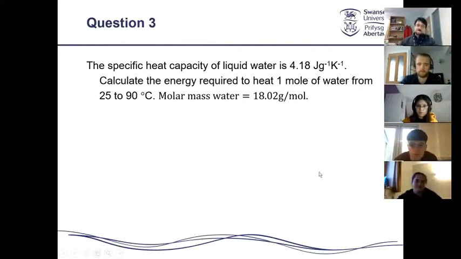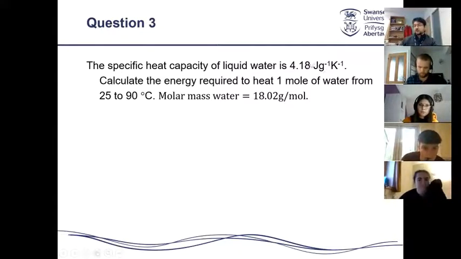Cool. Okay. Moving on to another one. This time we have a liquid question. And now we're given the specific heat capacity of liquid water as 4.18 joules per gram per Kelvin.